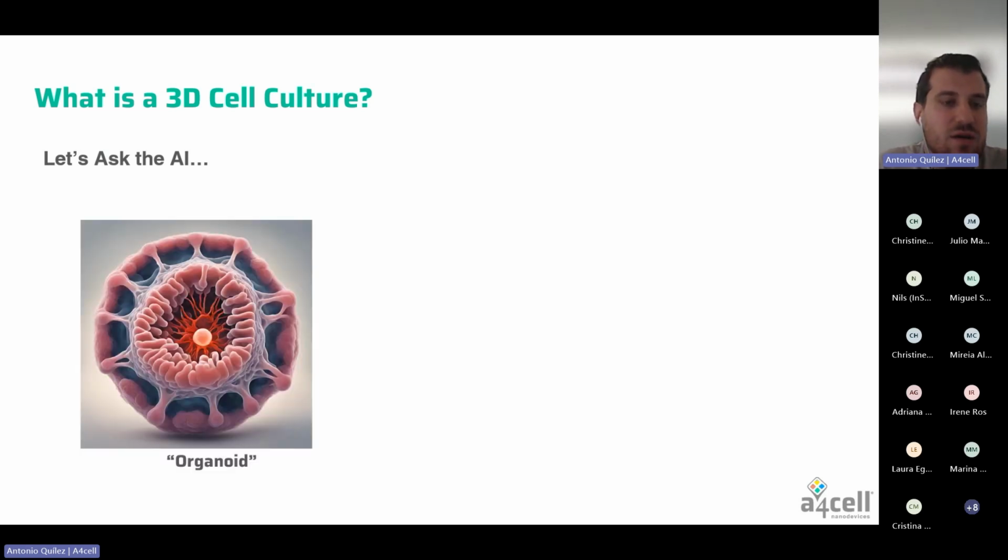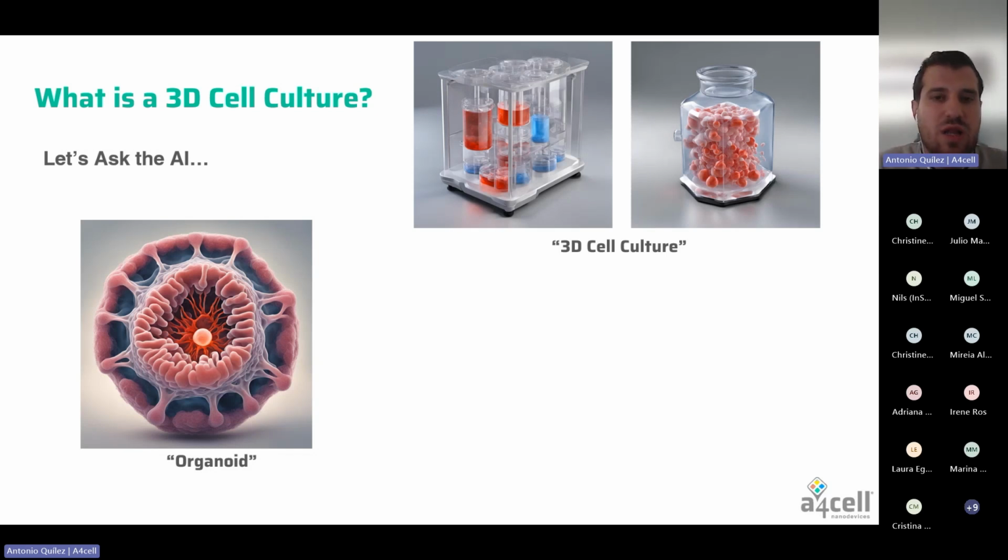So I asked the AI, how does an organoid look? And this picture represents some kind of mixture between an organoid and an alien, but it seems pretty accurate, having complex tissue functionalities, etc. And then I wanted to ask, okay, but what about a 3D cell culture?